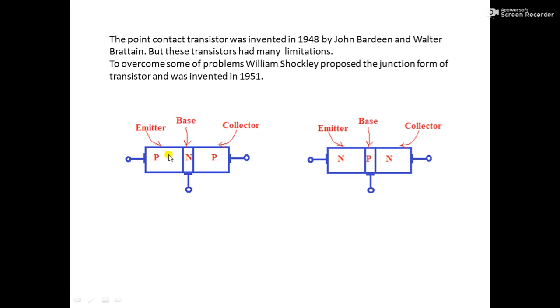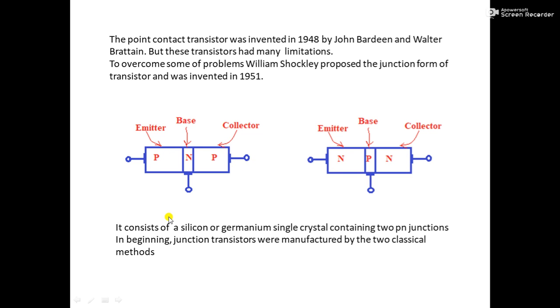They are of the same type. Here both are p type, and here both are n type. They are of the same type, and an ohmic, that is non-rectifying, contact is made to each. So these are the schematics of a PNP transistor and an NPN transistor.